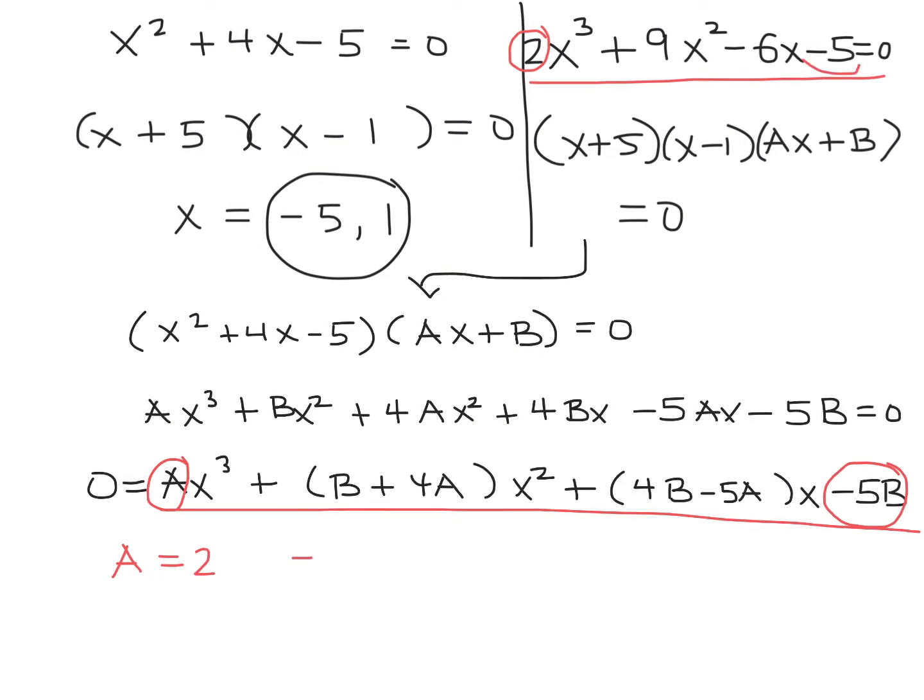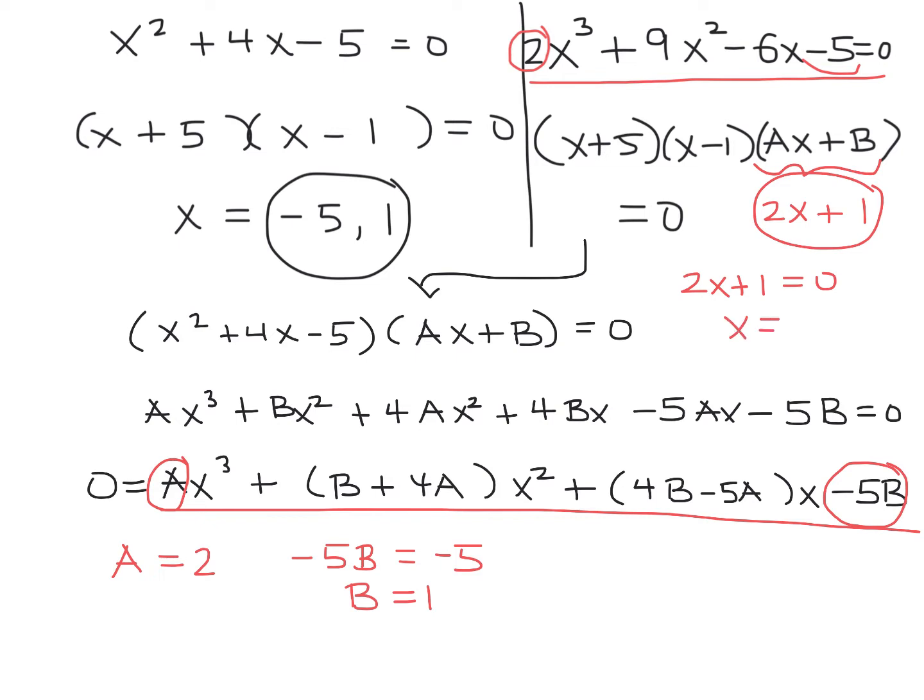So that means that minus 5b is equal to minus 5, and therefore b is 1. So that means this is really just 2x plus 1. And therefore this gives us the third root, which would be 2x plus 1 is equal to 0, and therefore x is equal to negative 1/2.